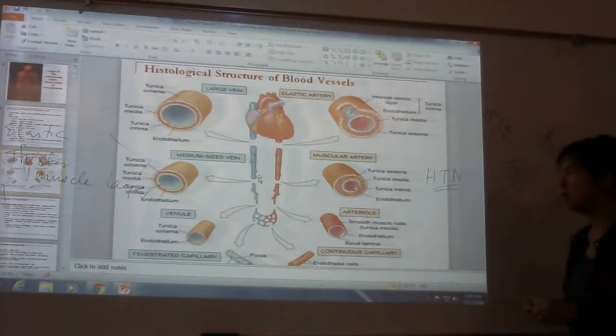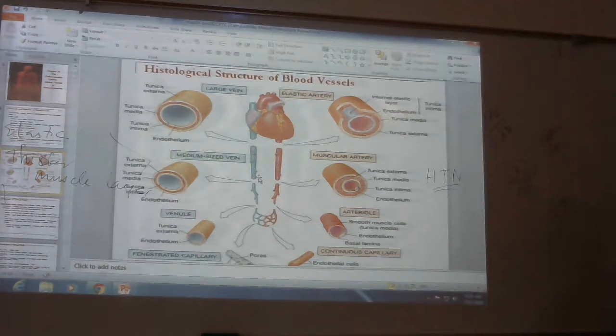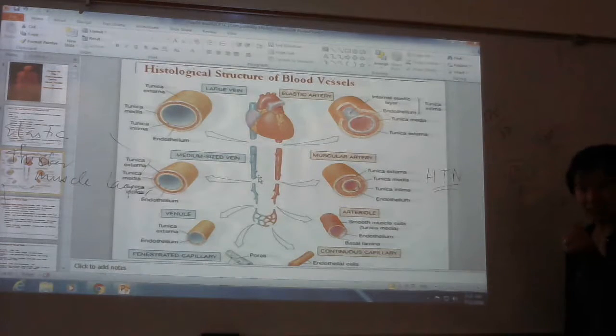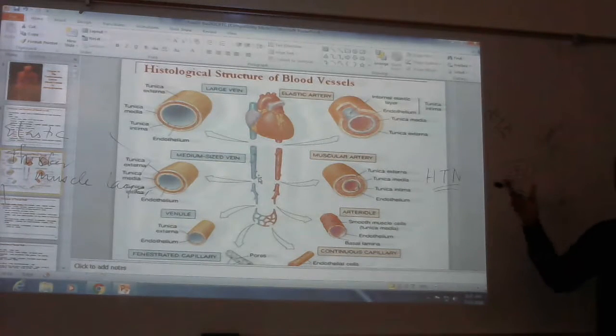Okay? If you have systole, the heart is what? Very good. The heart is contracting. So if you have systolic hypertension, can you guess where is the problem of the patient? In the artery or in the heart? If there's systolic hypertension, meaning the artery, very good.